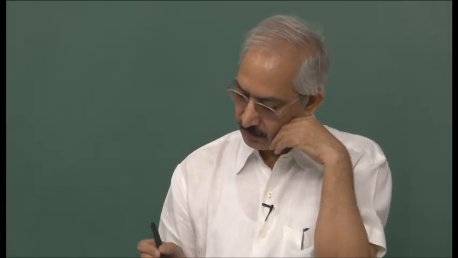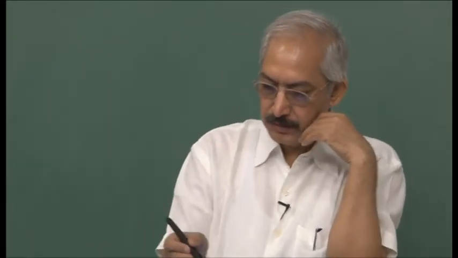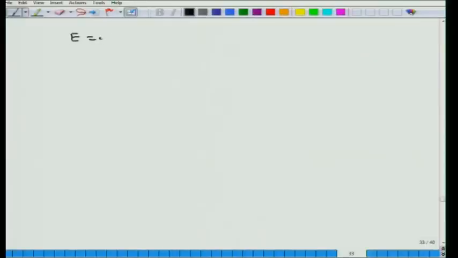So, we just check the sign of E. E equal to 0 implies that y prime square plus 2 p y prime minus 6 minus 3 p square equal to 0.